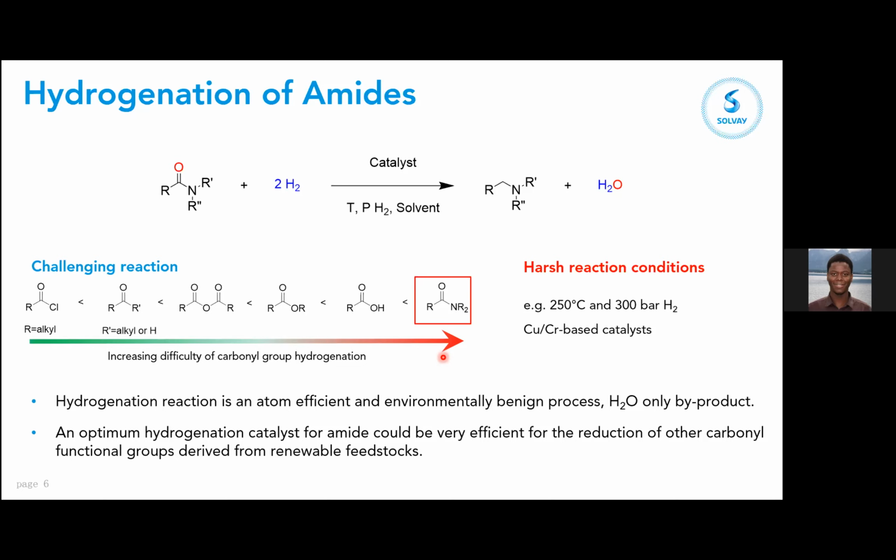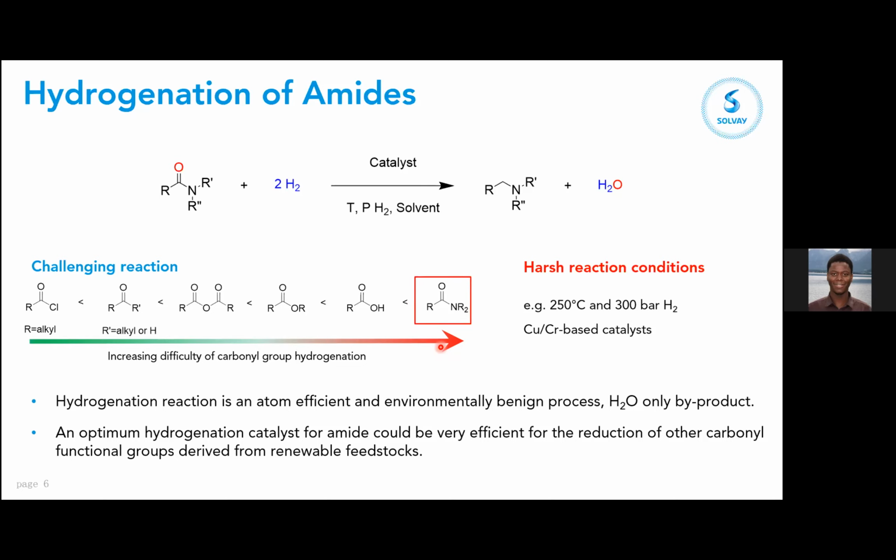This is why we believe that if we are able to target and successfully hydrogenate the most difficult functional group, then it should, in principle, be relatively easier to hydrogenate other functional groups within the spectrum.